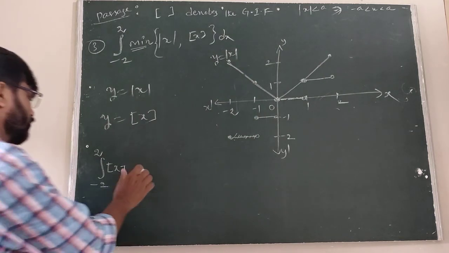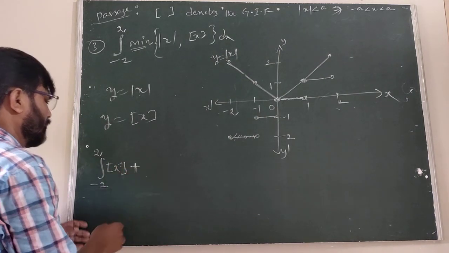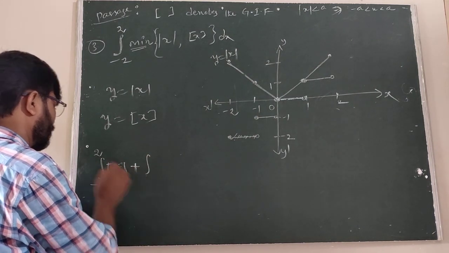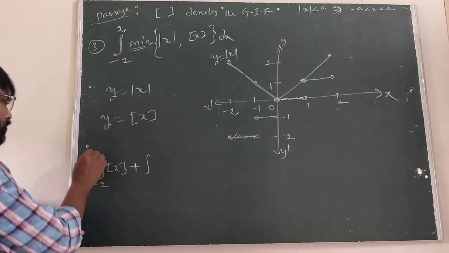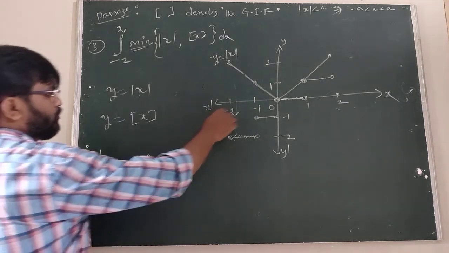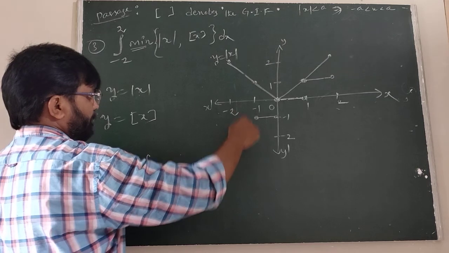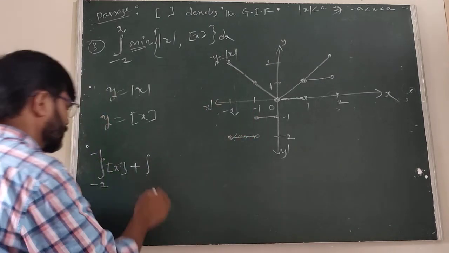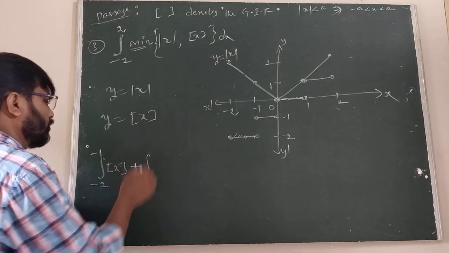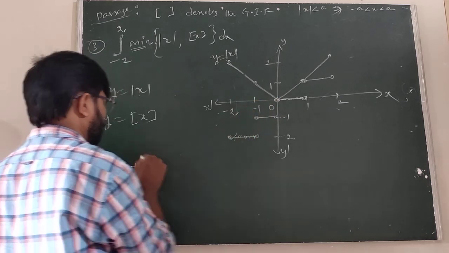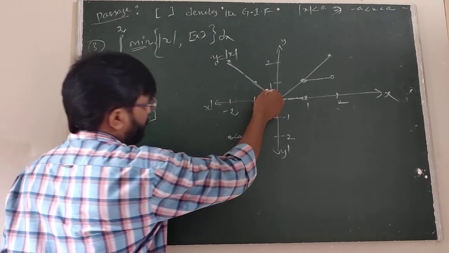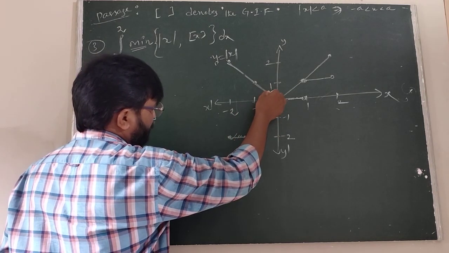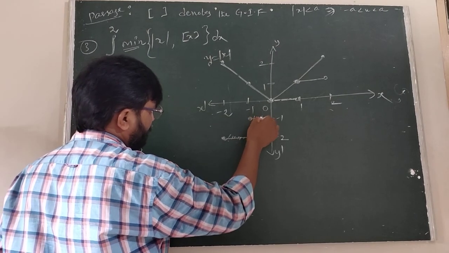After that we are taking -2 to -1. When we compare the two graphs for -2 to -1, this is the minimum. Now we are taking -1 to 0. When we compare, this one is completely positive, this one is completely negative.